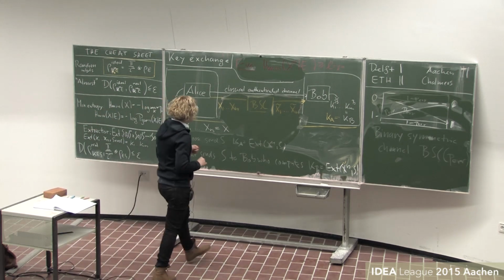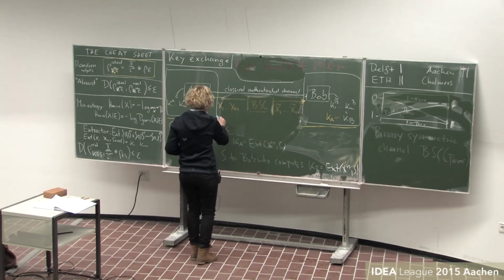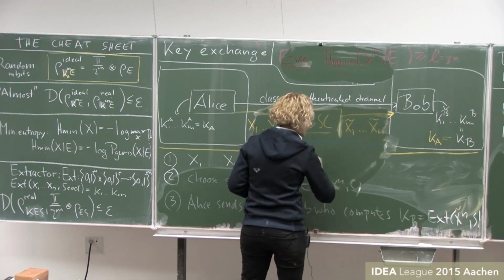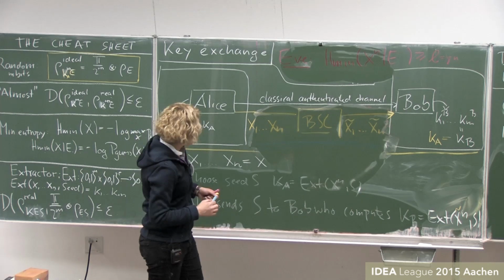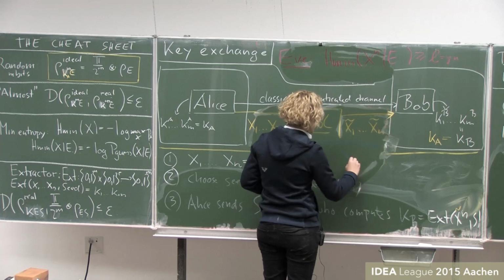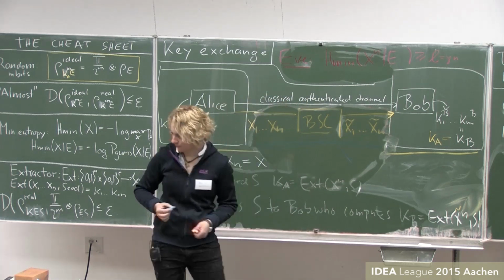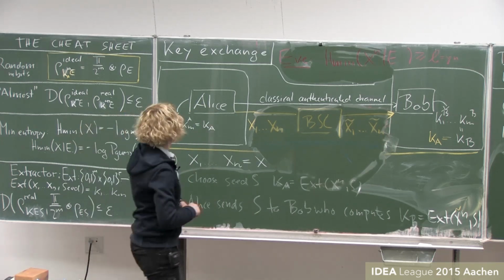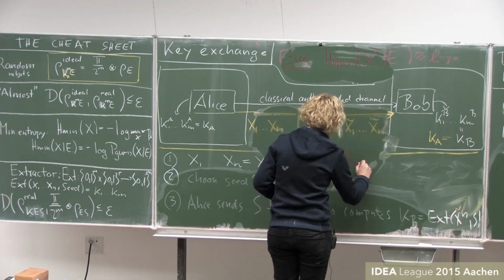But in the end, our goal will be basically to communicate. So in our protocol, we have to add some extra communication, maybe back and forth, or maybe just one way, that in the end will make sure that from this string x tilde, Bob can reproduce the string x.